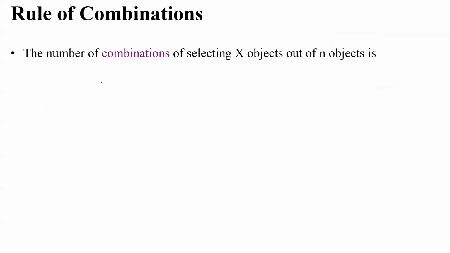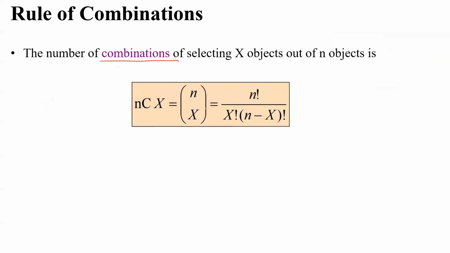In this sense, we have to know the rule of combination. The combination theory, I'm sure you all studied before. Combination is selecting x objects out of n objects. We can represent it in the form of a formula: n combination x, which is n factorial over x factorial times (n minus x) factorial.